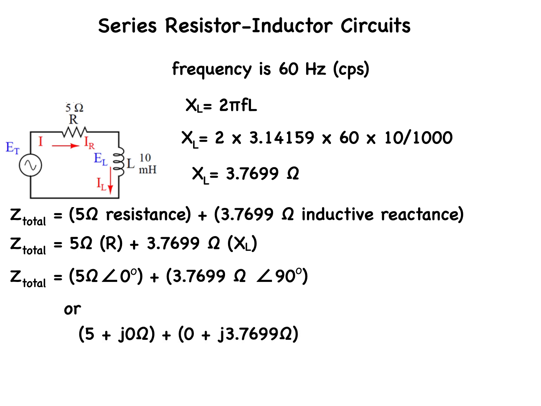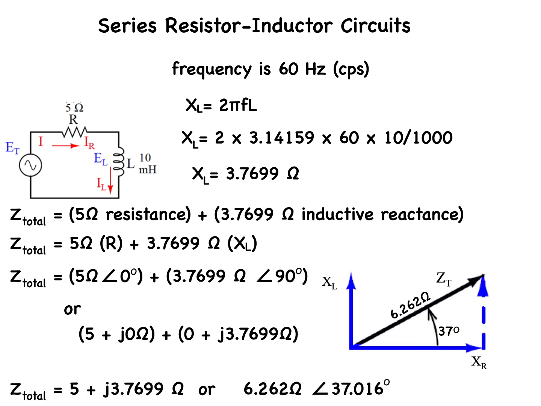Or we can express that in rectangular coordinate form, giving us both forms if we want, and we can plot those impedance vectors or phasors, as you see here.